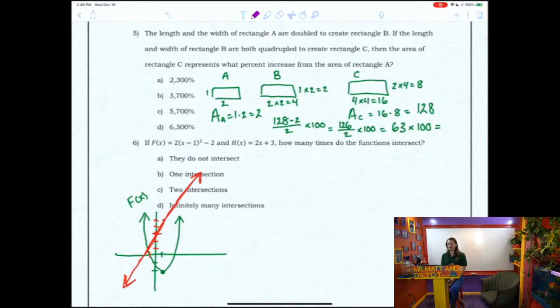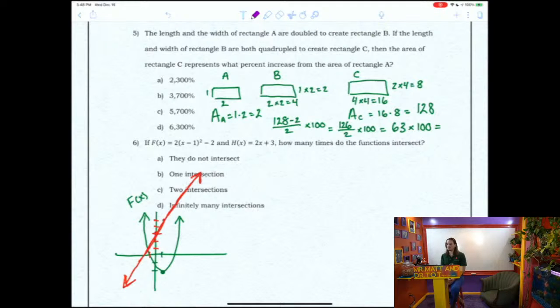Calculating the areas, we're going to have length times width of rectangle A equal to 1 times 2, which is 2. The area of rectangle C is going to be equal to 16 times 8, which is 128. Calculating percentage change, that's (final minus initial) divided by initial, times 100.